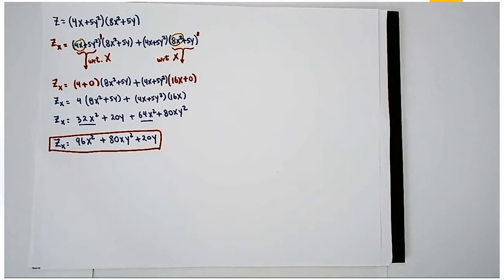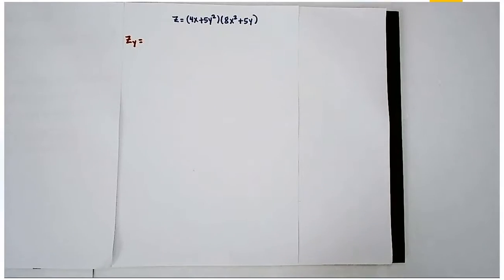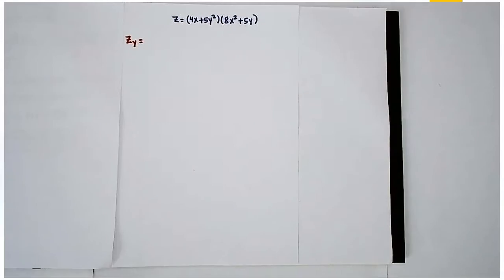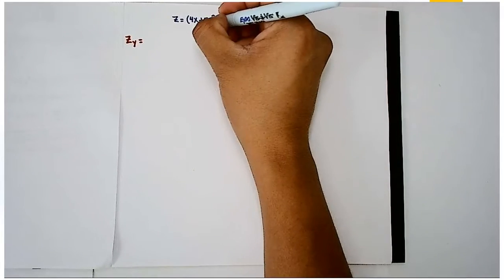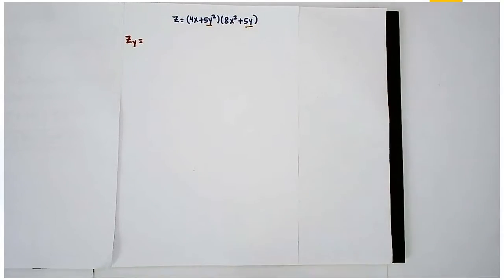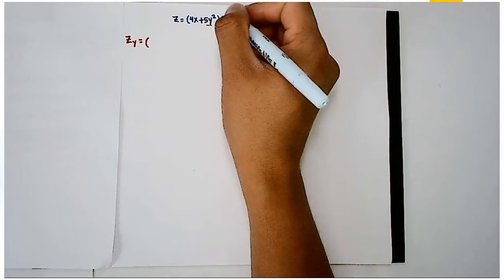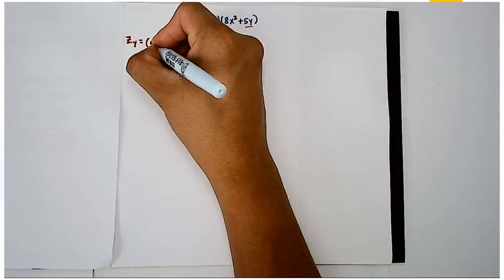Now let's take the derivative of z with respect to y. Again, notice that y appears in both factors. Therefore, we need to use the product rule. So we repeat both factors twice.